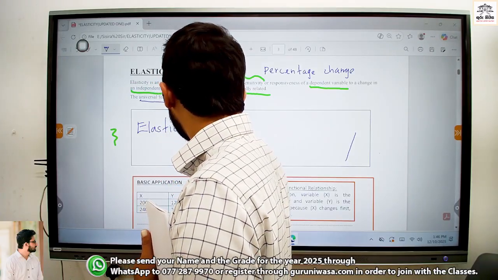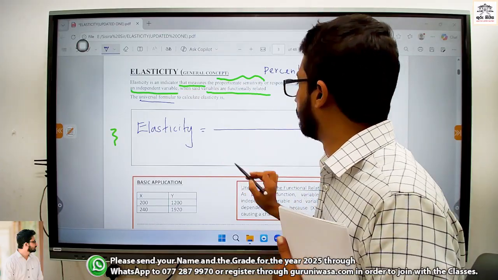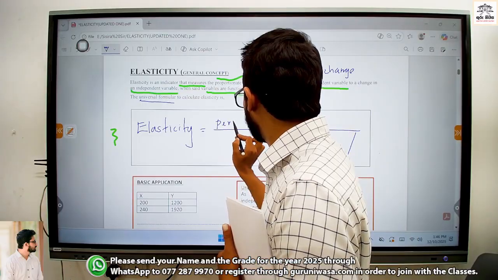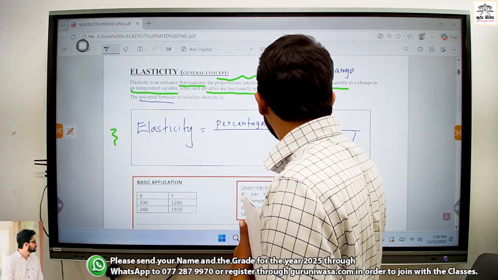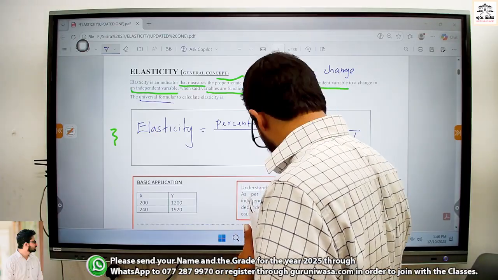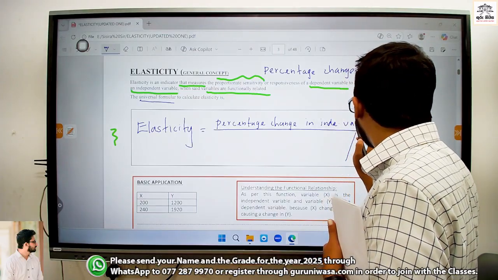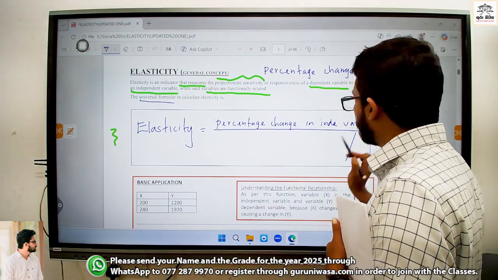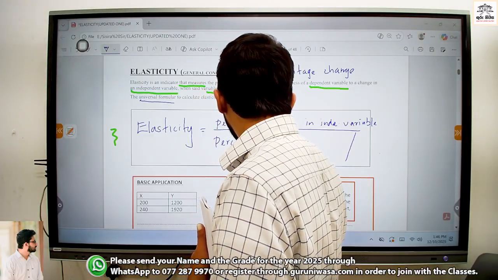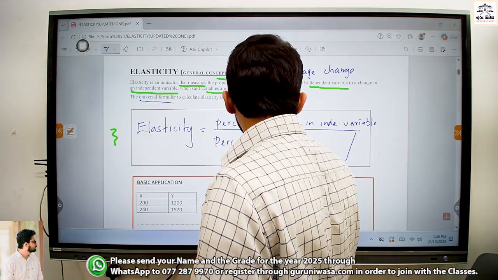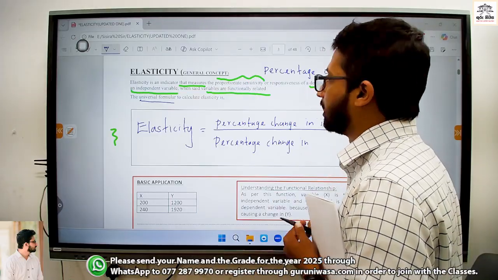Elasticity equals percentage change in independent variable divided by percentage change in... sorry, I'm sorry, this should be dependent.